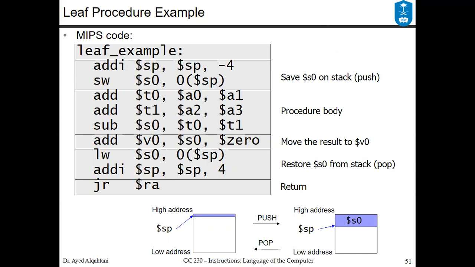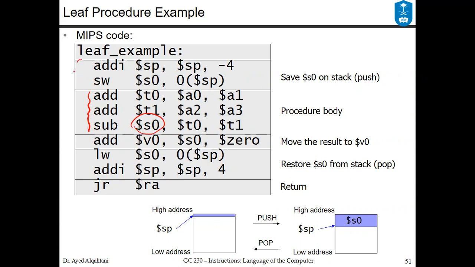So in summary, in any leaf example, you do pushing. First, when you write the procedure body, you are not sure if you are using a saved register or not until you finish the whole procedure body. And at that point, you know that you have certain registers. For example, we have the S0.